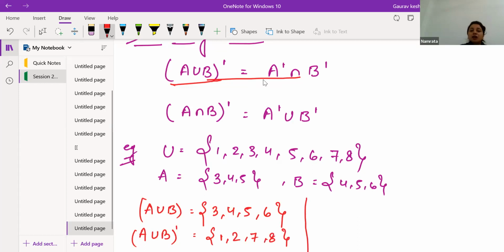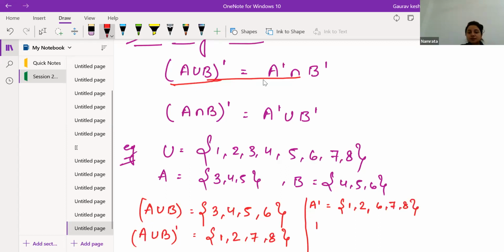On the other hand, we have to find A complement. What is A complement? 1, 2, 6, 7, 8. Perfect.